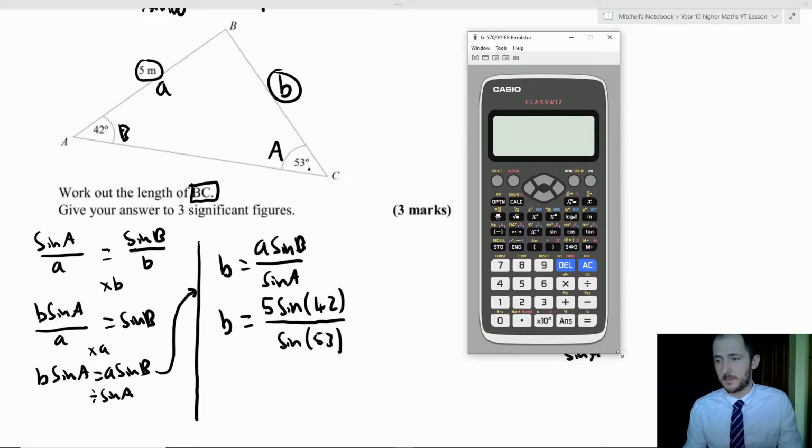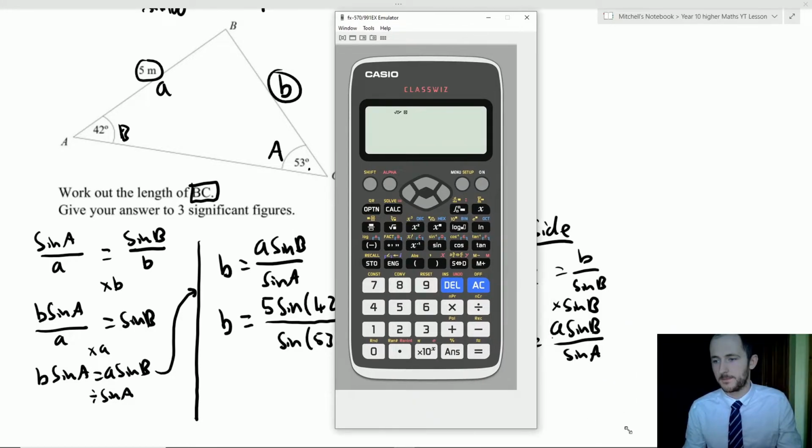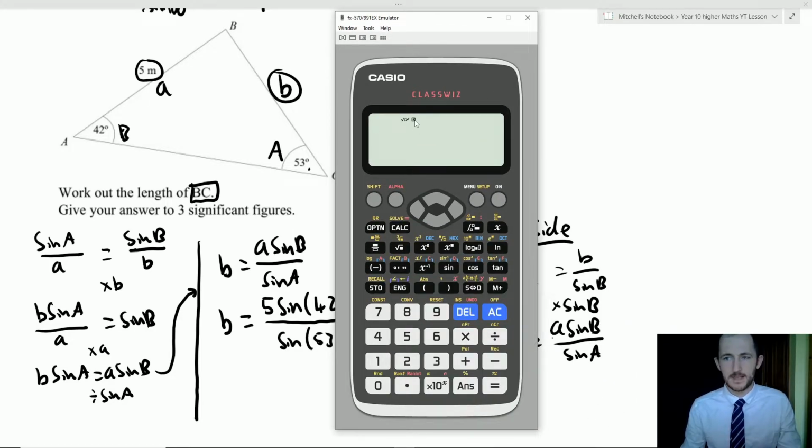So if I make this a bit bigger, in fact I want to make it a lot bigger. If you see this capital D that's highlighted, that means you are in degrees mode, which you should be, okay? If you don't see this capital D, you're going to get the wrong answer whenever you use trigonometry, okay? And if you want to get back to normal, you need to just change the units.